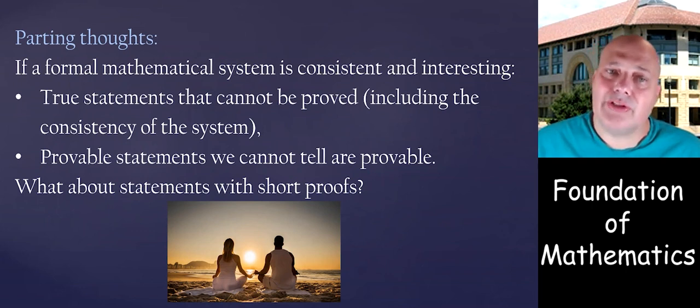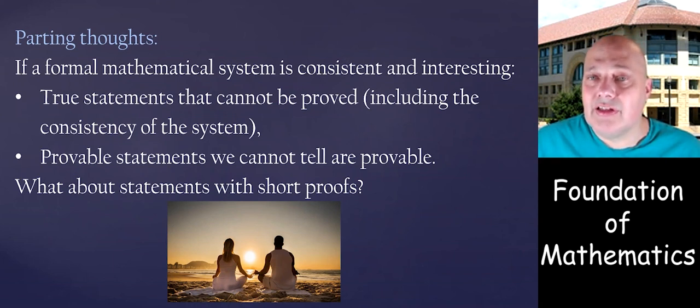And I leave you with this question about statements with short proofs. So we know that in general we cannot tell if there is a proof of a statement, but can we tell that there is a short proof? Assuming that there is a short proof for a statement, can we tell that?